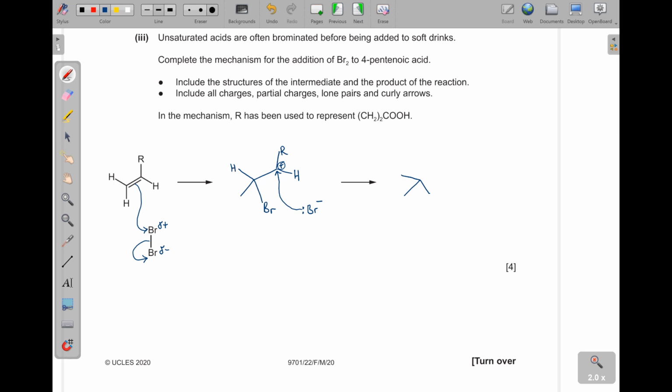So let me have this hydrogen here, a hydrogen here, and then the bromine, then this one here, then you have the R, and then we have the bromine, and then the hydrogen.